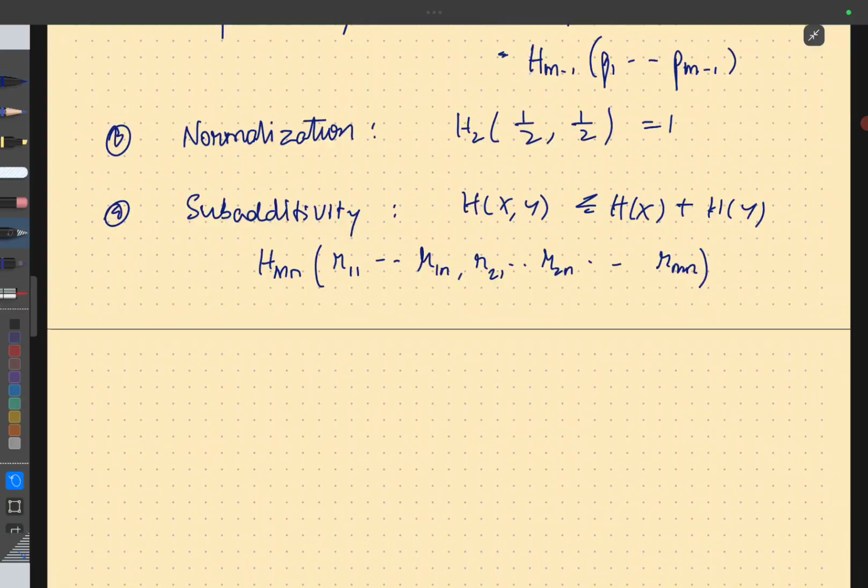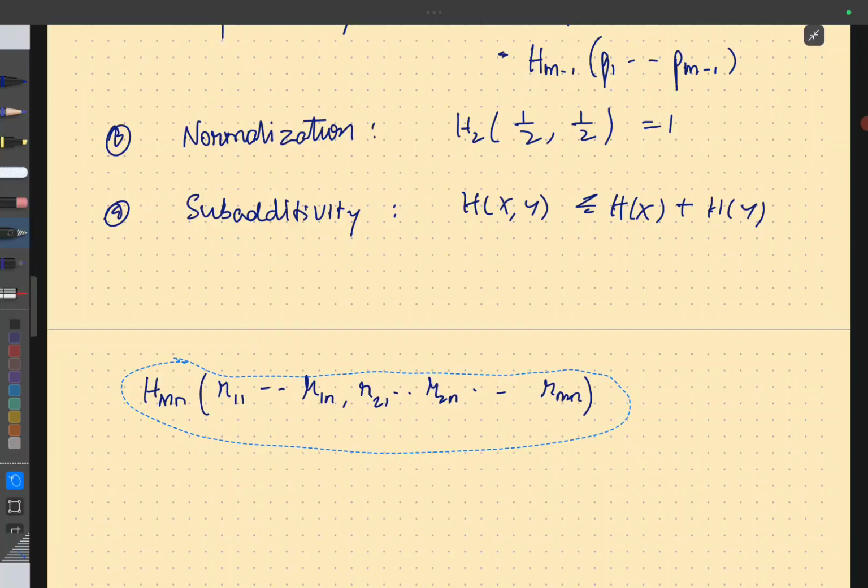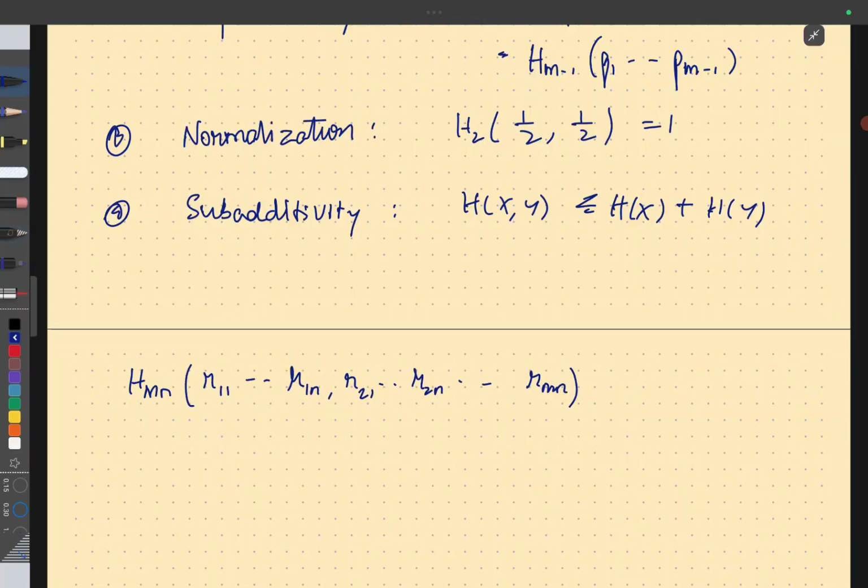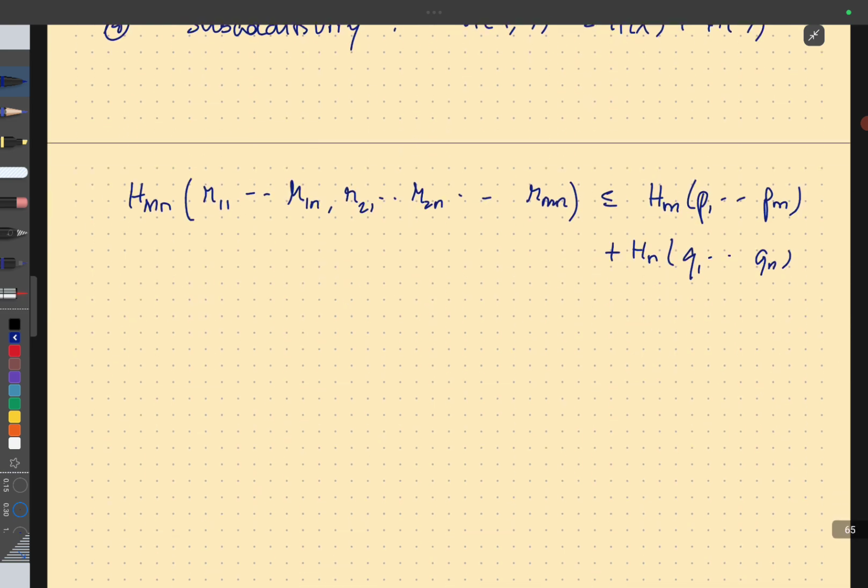Then this quantity should be less than or equal to H_m of p1 up to pm plus H_n of q1 up to qn, where p and q are the corresponding marginals.